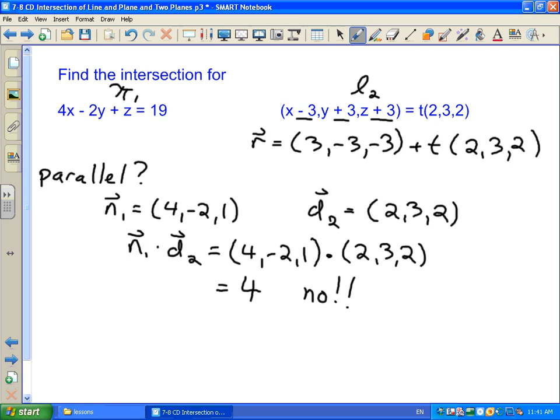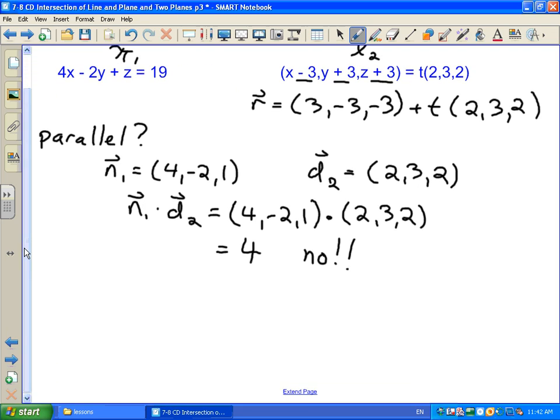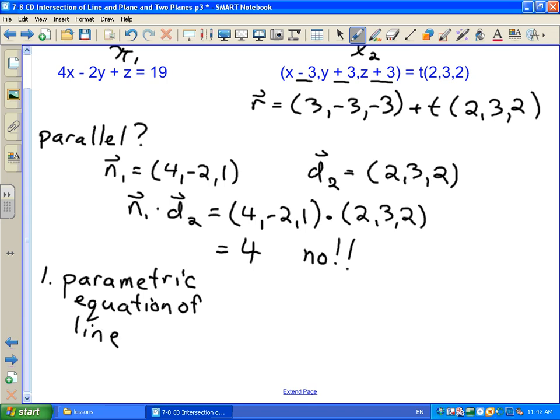So once we know that they are not parallel, we need to find the point of intersection. And there has to be a point of intersection if they are not parallel. So let's look at how we actually find the coordinates of that point of intersection. I think the easiest thing to work with, this is like step 1 here, we will find the parametric equation of this line that we're working with.